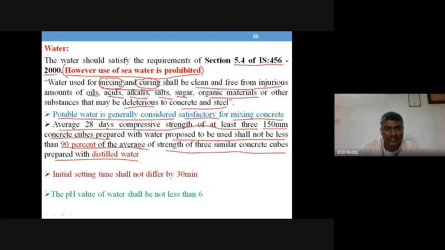So to test whether the water is suitable or not, take the water from some source X, prepare 3 cubes of concrete with that water, 150 mm cubes, and also prepare with similar ingredients.